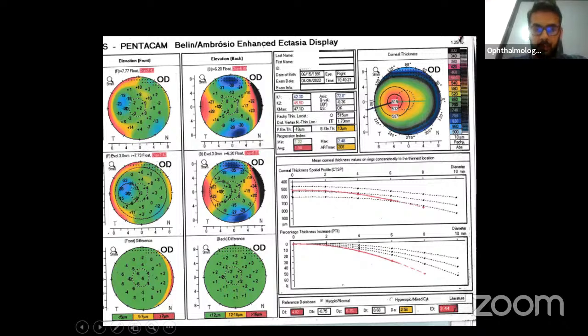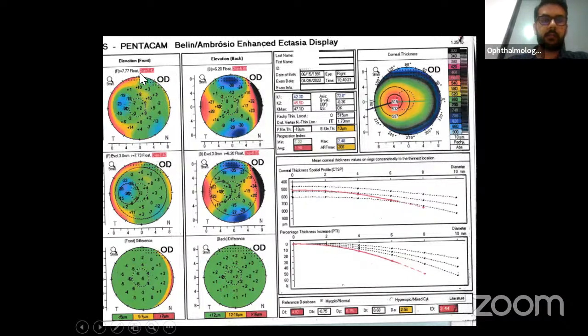If we talk about the DI and DB values, it is 4.02, that is the DI, and DB is minus 0.75. D posterior is 6.75, and D total is coming out to be 0.68. The front elevation raw data, we'll see about them.